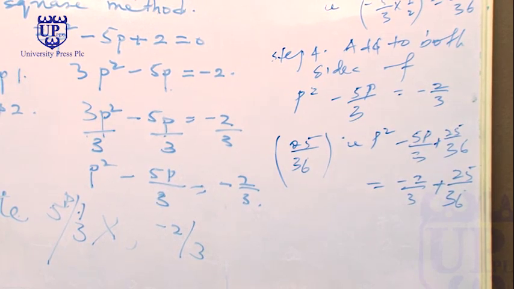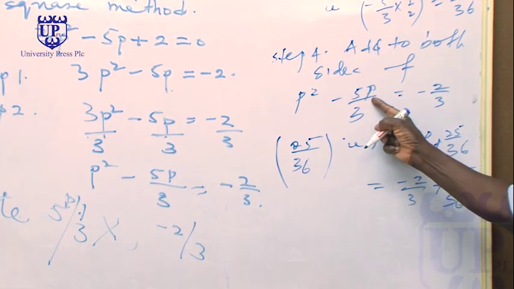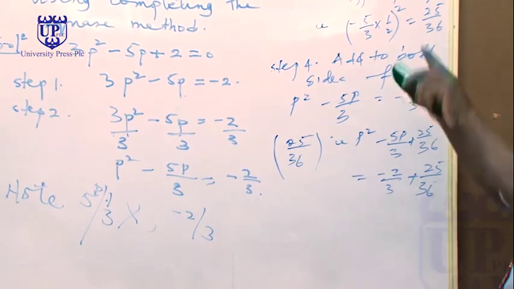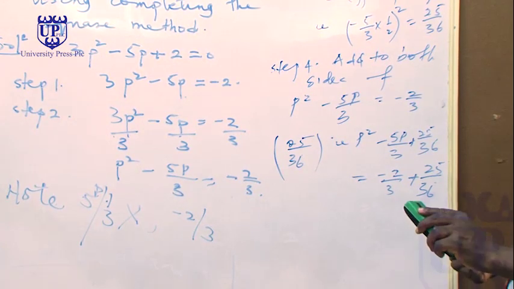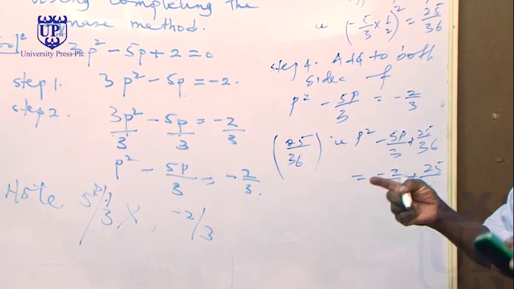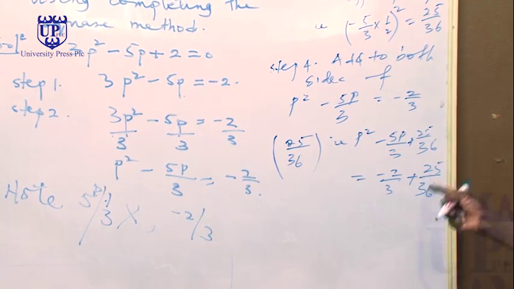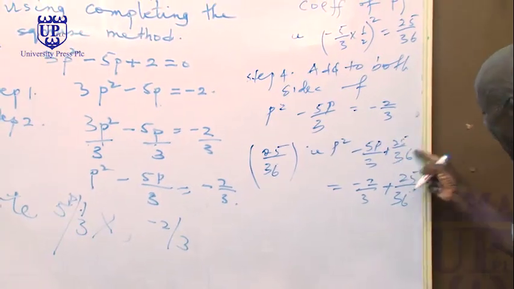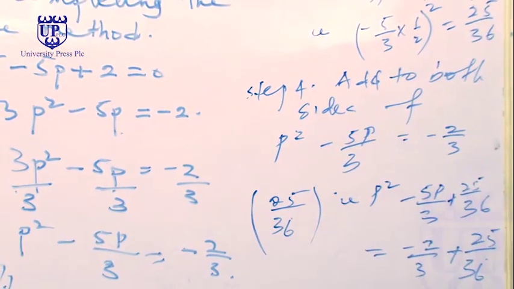Again, half of the coefficient here is minus 5/6. Square it, 25/36. Add that value to both sides. You are not doing anything strange, you are not committing any offense. 25/36 is here, 25/36 is here, you are adding to both sides.